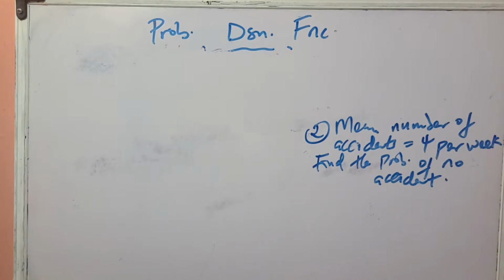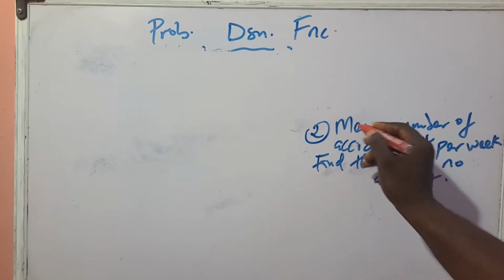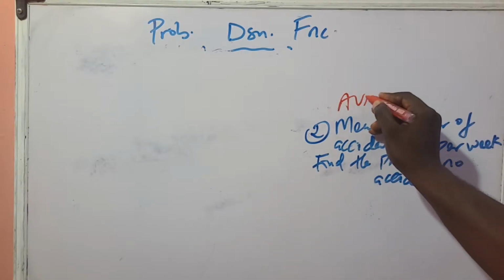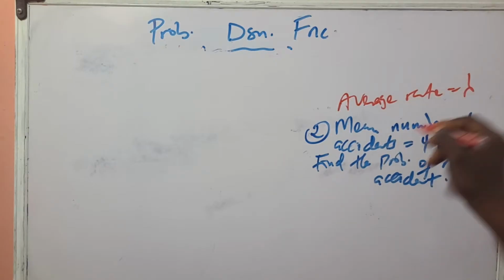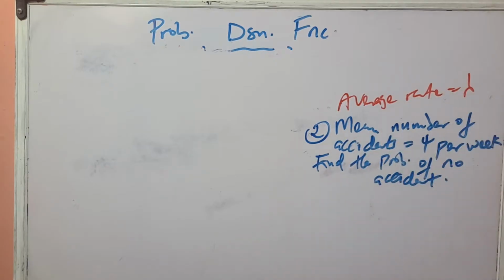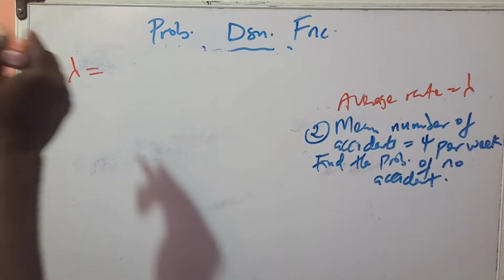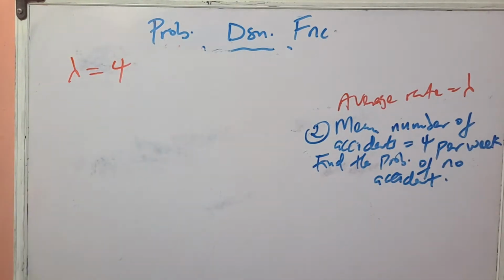So the mean number of accidents is 4 per week. Of course, average rate, I told you that average rate is what we call lambda. And another word for average is still mean. So when you say average rate equals lambda, and you see mean number of accidents equals 4 per week, you know already that lambda equals what? 4.